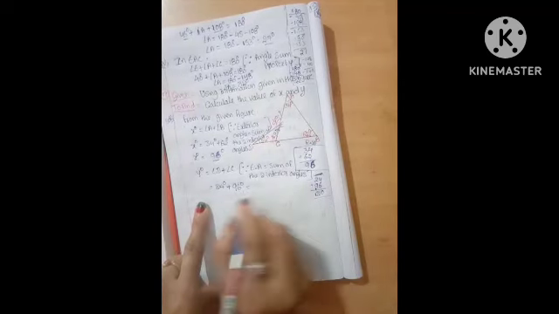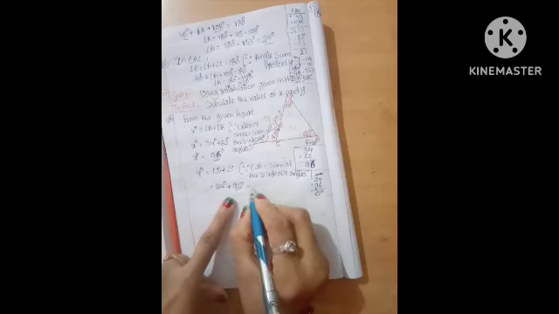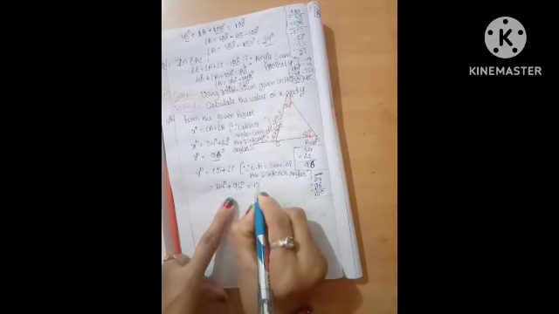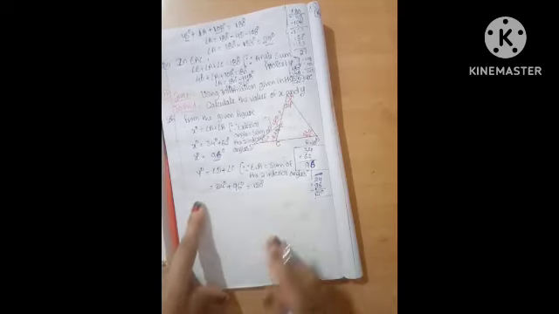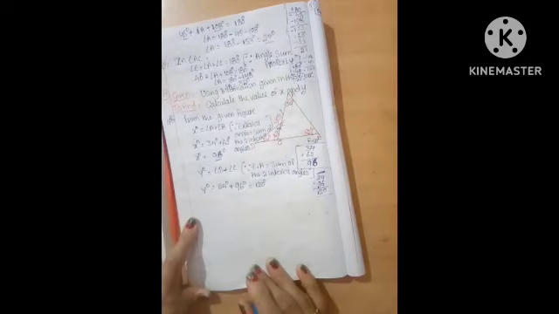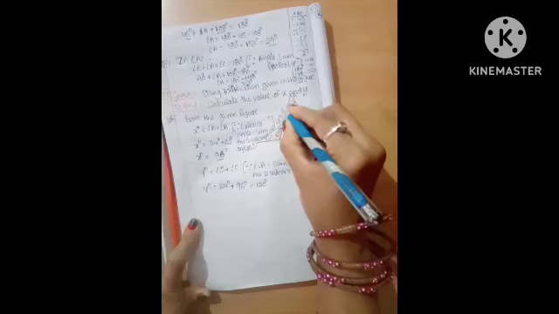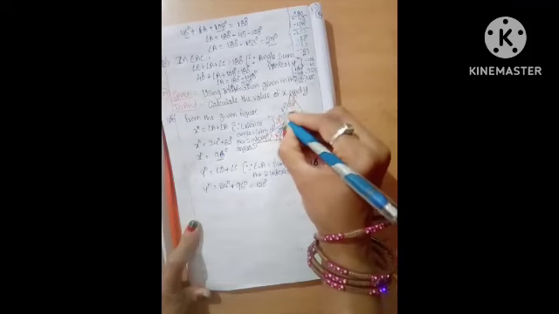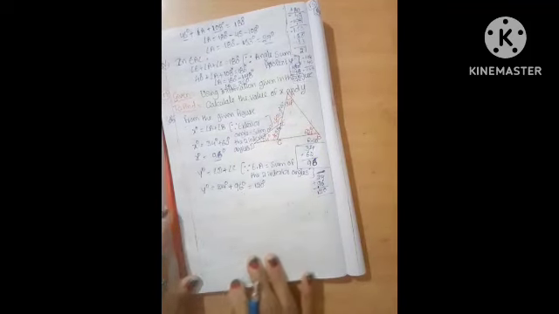Is it correct? 24 plus 96 is 120 degrees. That is the y degree angle. So y degrees equals 120 degrees. Are you clear? Did you understand?